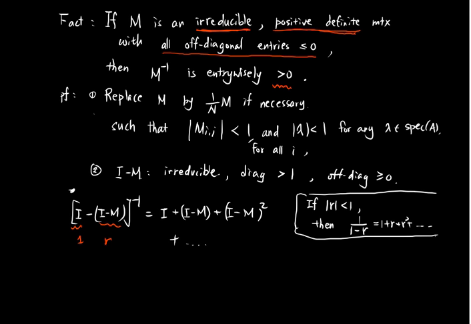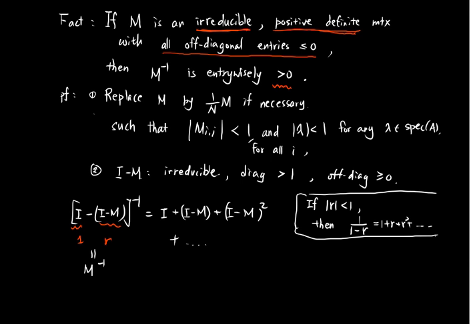And this sequence will converge to the inverse of the left-hand side. But the inverse of the left-hand side is exactly equal to the inverse of M. So this tells us that the inverse of M is equal to 1 plus something plus something squared plus something cubic, and keep going.